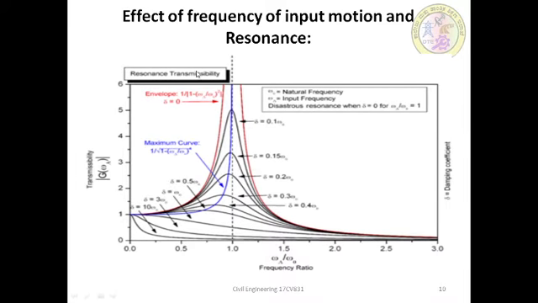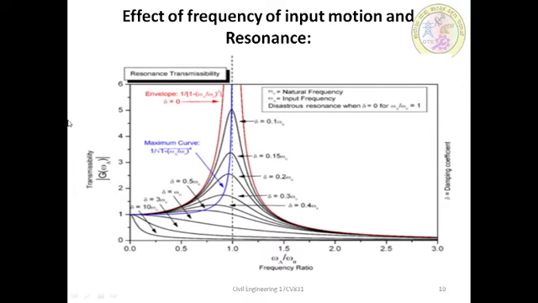So this is all about the effect of resonance, that is when the excitation frequency and the natural frequency are the same and the frequency ratio is 1, which we can see from this figure.